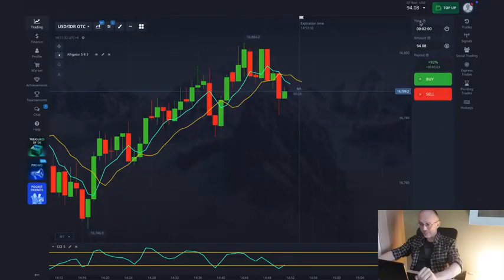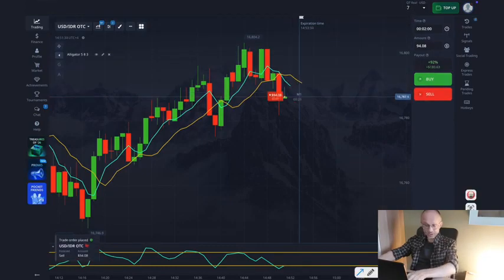Next, a new entry point is formed. Expiration is 2 minutes. And I'm opening a short trade for $94. After a short period of growth, the price reaches resistance and begins to lose momentum. There is no further upward movement. The market gradually reverses and shifts downward.